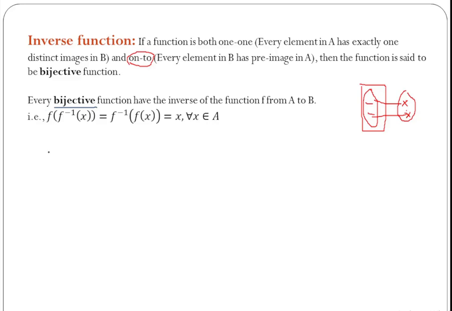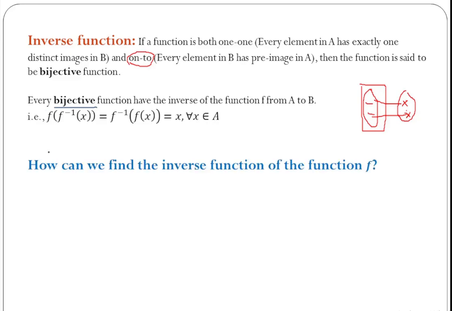Then we can move on to how to find the inverse function of a function. Suppose a function is given as f of x equal to 2x. How can we find the inverse function? That would be a simple question.